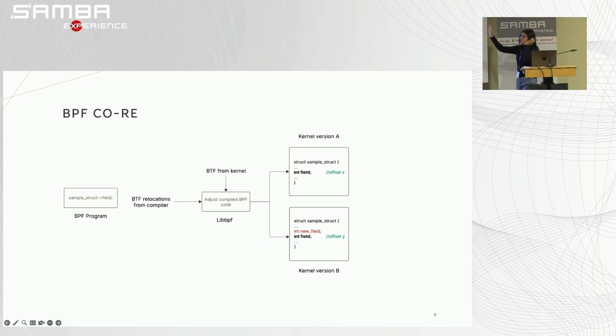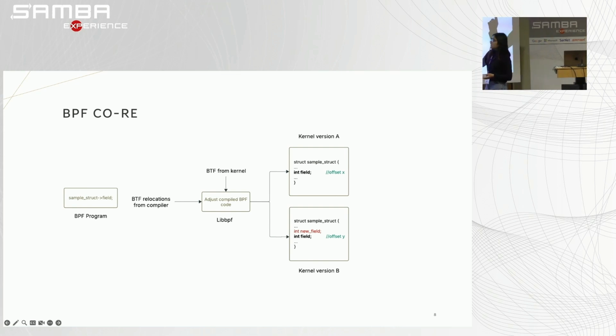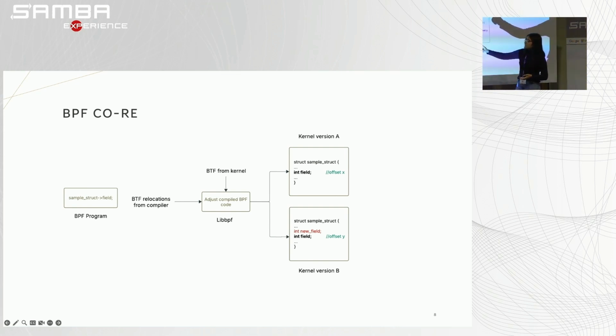This is a very rough schematic that shows how BPF CO-RE relocation would work. If you have a BPF program that tries to access some field in some structure, when you generate the object code via Clang, you have some relocation information generated by the compiler itself.